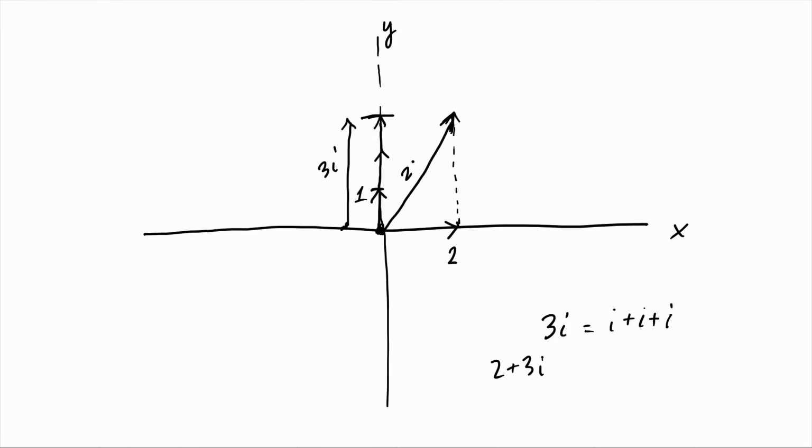That's the 2 plus 3i arrow. And you could think, and this point, of course, in coordinates, would be 2 comma 3, 3 on the y-axis. So every single number in the plane here can be represented by a complex number, like 2 plus 3i or something, where we're thinking of everything as arrows.